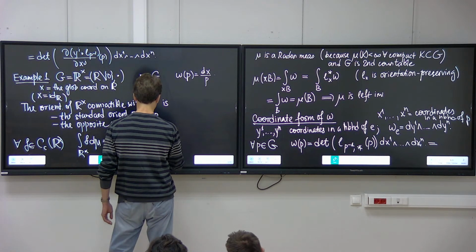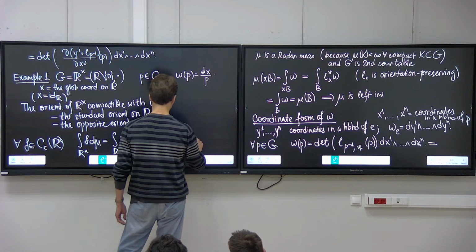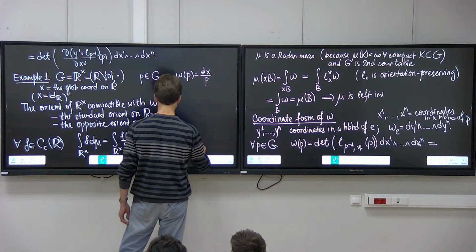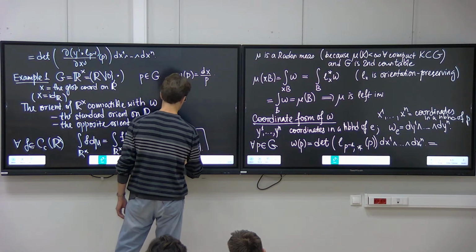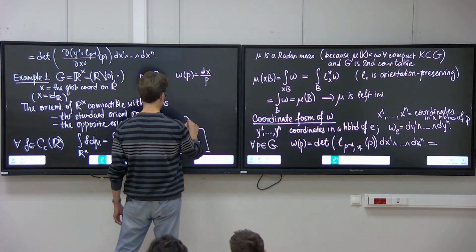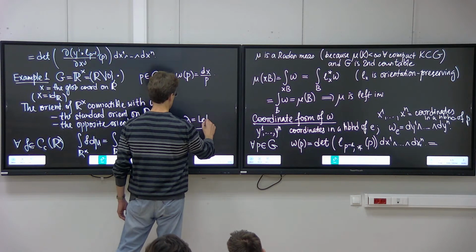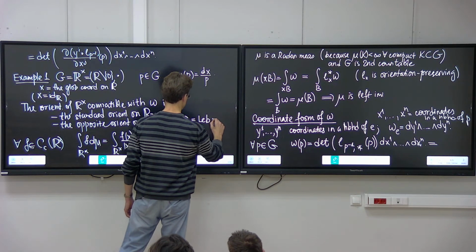In other words, mu is the Lebesgue measure divided by the absolute value of x. So this is the explicit formula for the Haar measure on R cross.